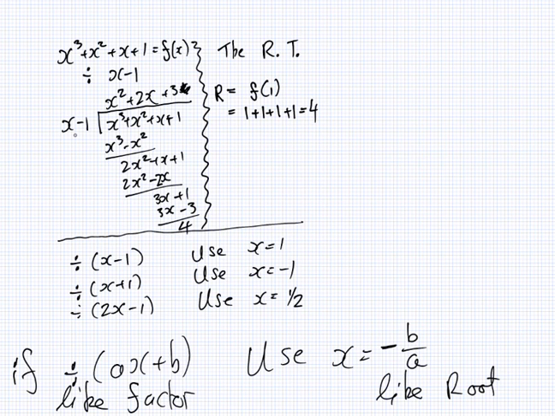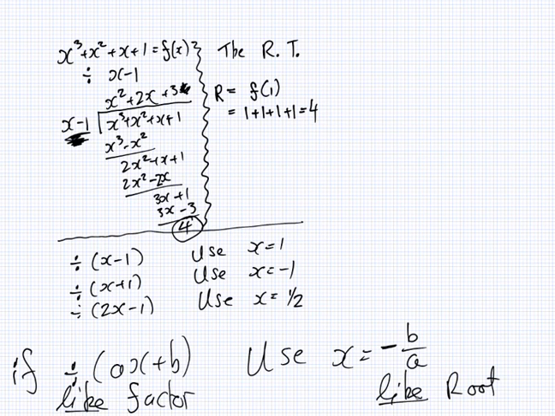In this example here, is this a factor? No, because the remainder is not 0. So this is why I'm saying it's like a factor and like a root. I don't know what the correct vocabulary is, because it's not really a factor.